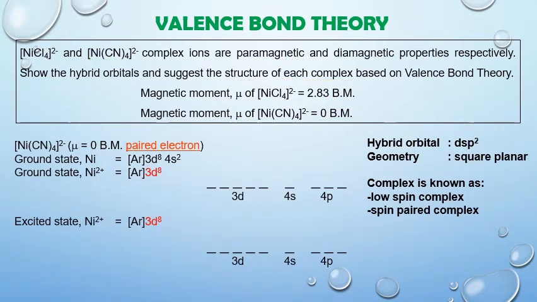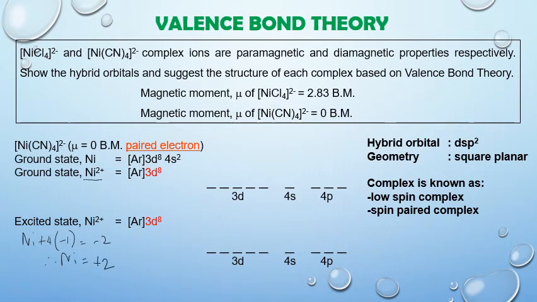Alright, now we look at the second complex ion, nickel tetracyano. And again, we need to determine the oxidation number of nickel. So nickel plus 4 multiplied by minus 1 equals minus 2, and we get nickel as plus 2.